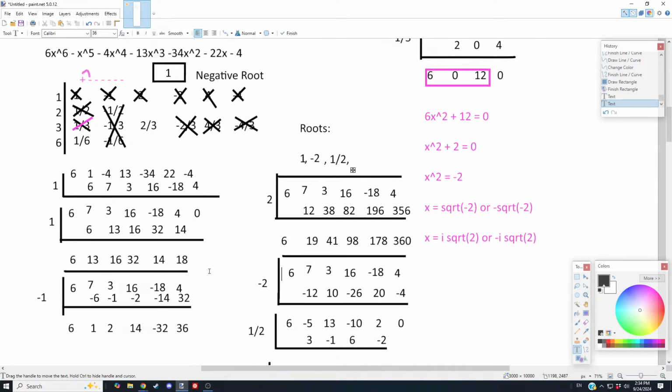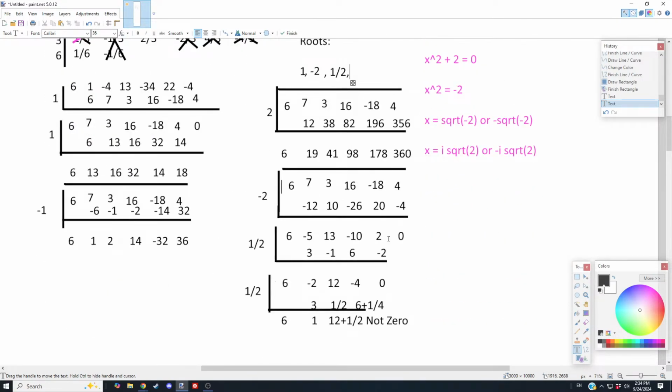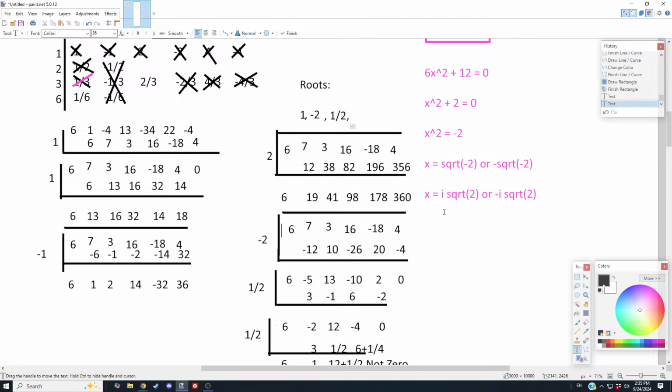And then, are we missing a root somewhere? We have 1, negative 2, 1/2. Then we have i square root 2 and negative i square root 2.